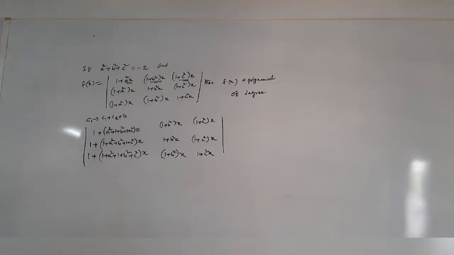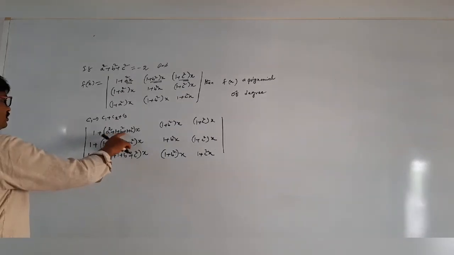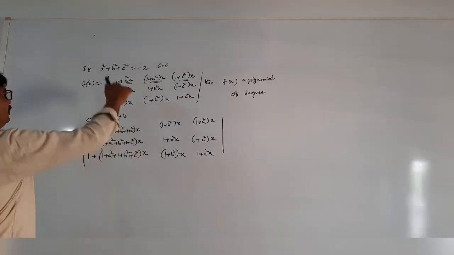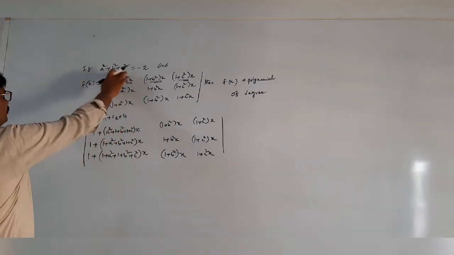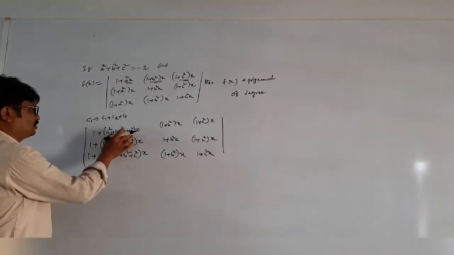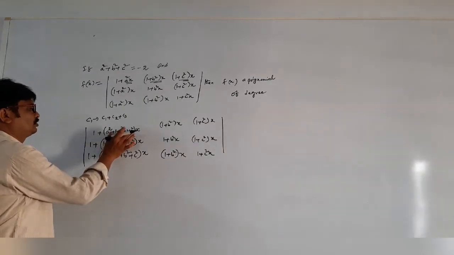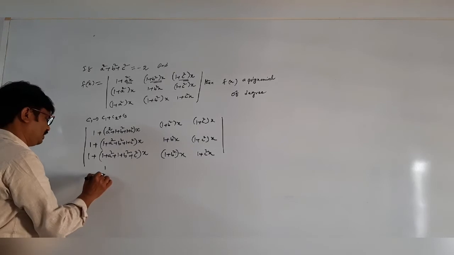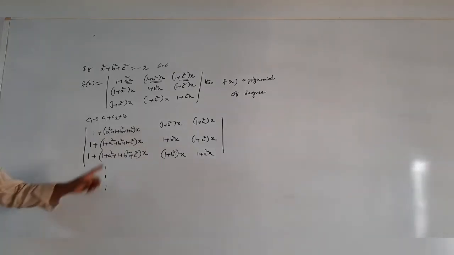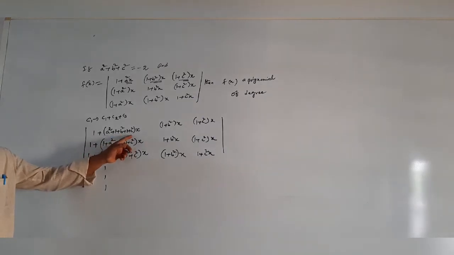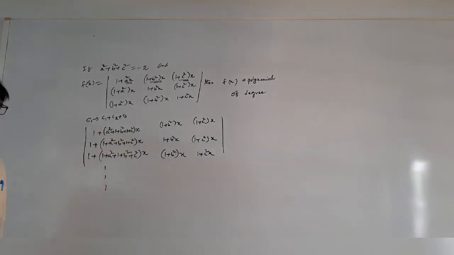Each and every term has a² + b² + c², that is the value. A² + b² + c² is minus 2, plus 2, so this will be 0. Is it clear, students? Minus 2 plus 2 is 0.